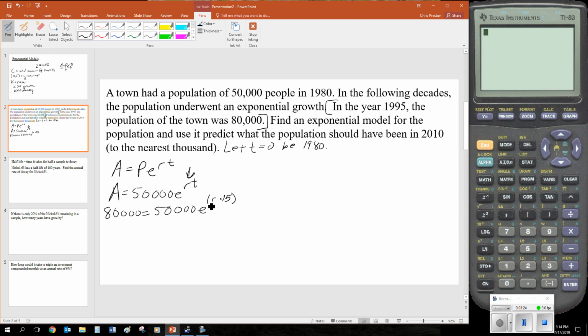And then to solve for this, as in the video about solving exponentials, you have to get this part by itself, and then usually we'll take the log of both sides. There's a little pattern here. For most of these problems, you're going to divide, then you'll do ln, then you'll divide. So I'm going to divide by 50,000.